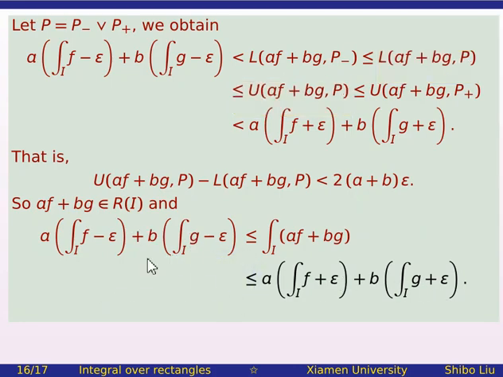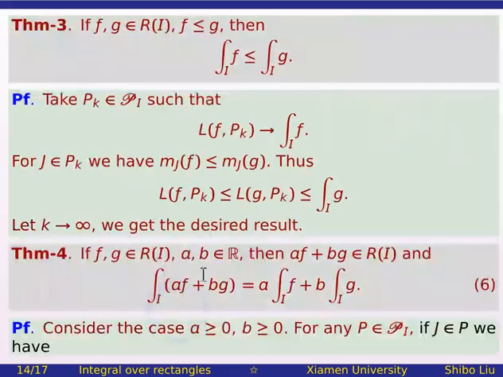So from this inequality, let epsilon go to 0. The left hand side is A multiplied by the integral of f plus B multiplied by the integral of g, and this is also the right hand side. Therefore, both left hand side and right hand side converge to the same number. So it must equal the number in the middle. This is our equality.